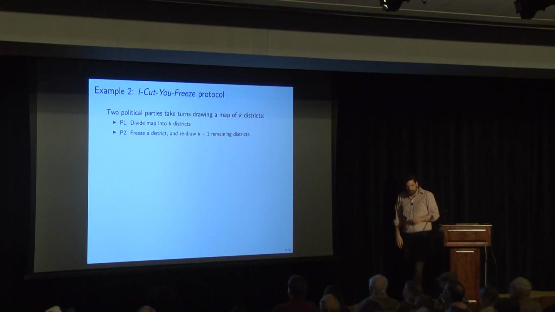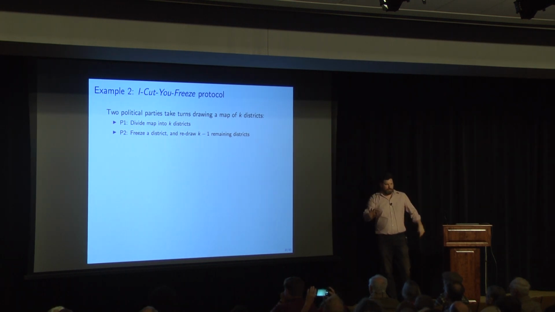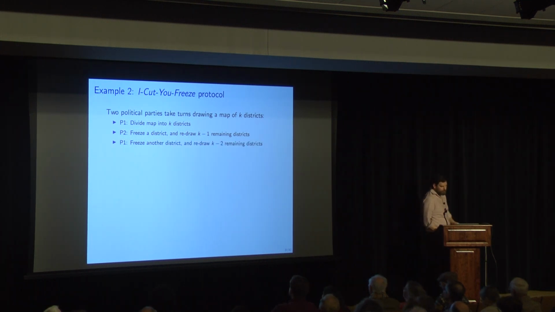The second player then looks at the K districts and decides, okay, I'd be okay making this one an actual voting district. So whatever map we end up with, this is going to be one of the voting districts. And then he erases the other lines and draws his own map, so districts of his choosing. And he passes that map to the first player, who then freezes one of the voting districts.